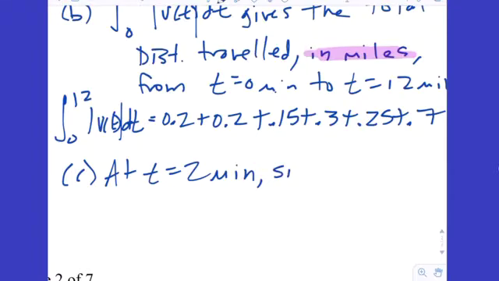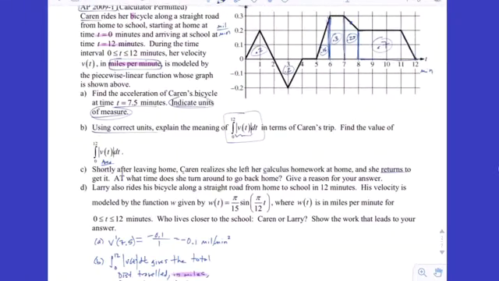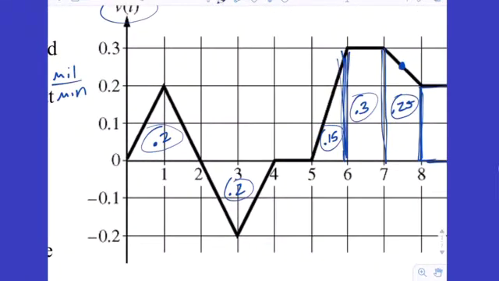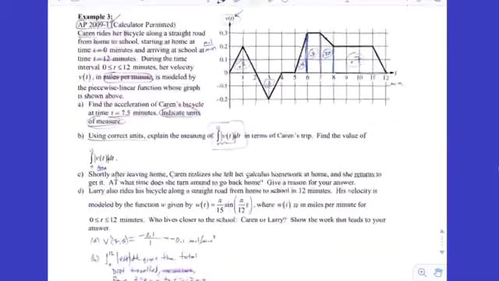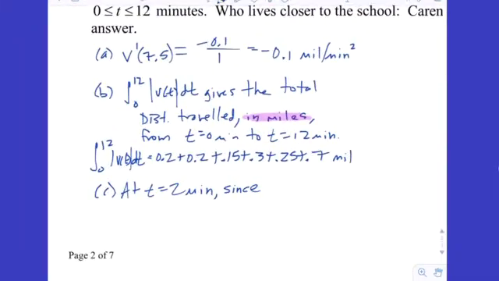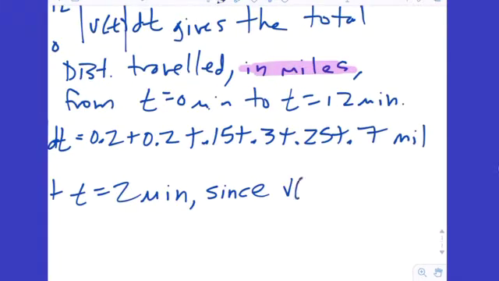But now you have to say comma, since, or because, and what would be the answer? You always want to talk about a sign change in something, whether it's a first derivative for a local max or min, a second derivative for an interval of concavity, or in this case, just a sign change in a function. So since v of t, right?